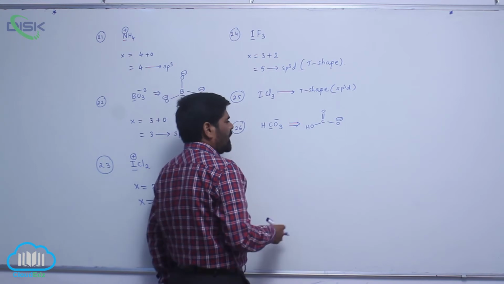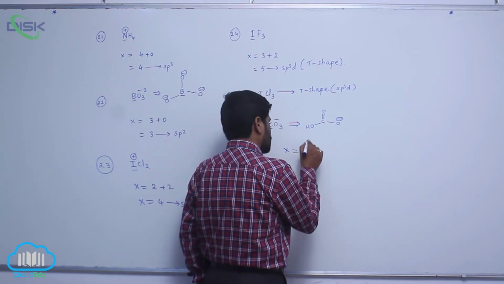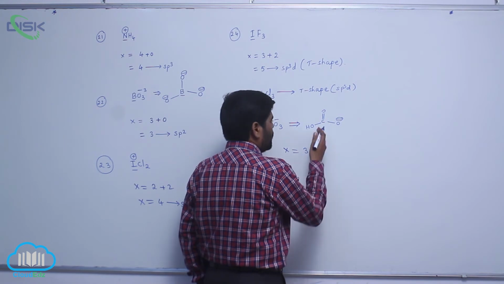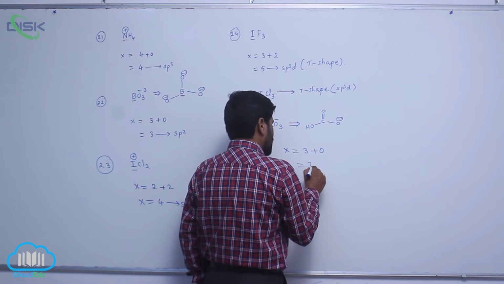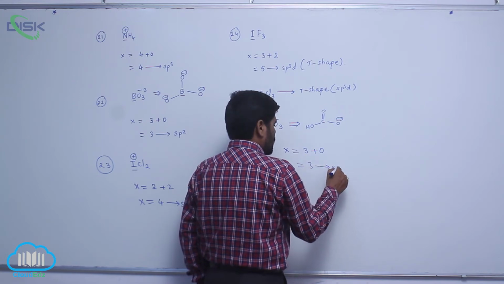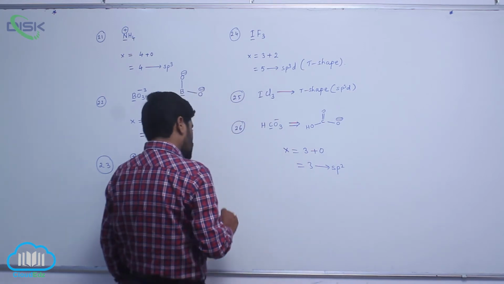This is bicarbonate ion. Number of sigma bonds equals 3. Number of lone pairs, 0. So therefore it is 3, sp2 hybridization with planar shape.